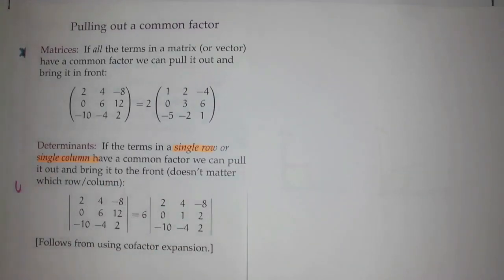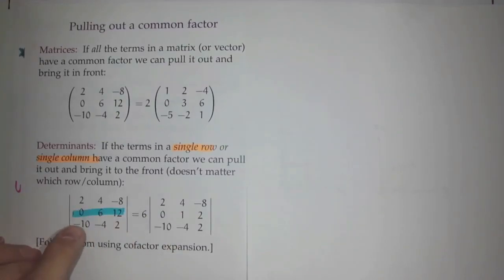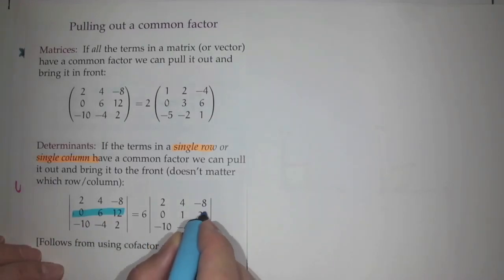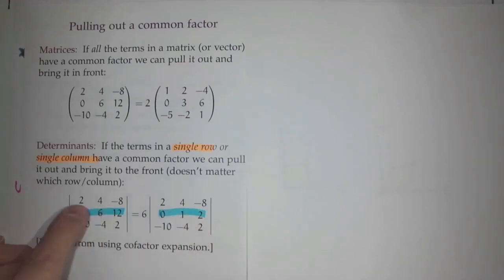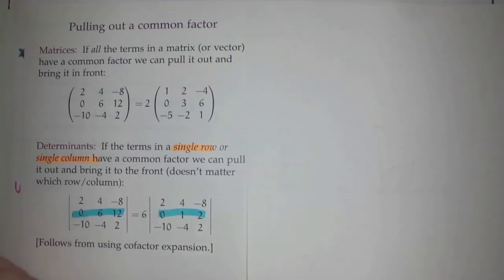And on a side note, whenever you see bars, it's really something about size. Size is involved. So you'll notice in this second row, 0, 6, 12, everything is a multiple of 6. So we pull out the common factor of 6 from just that row. And after we do that, that row now becomes 0, 1, 2, but the other rows stay the same. So when we're pulling terms out of determinants, we do it either one row or one column at a time. Most often we'll do it a column at a time.